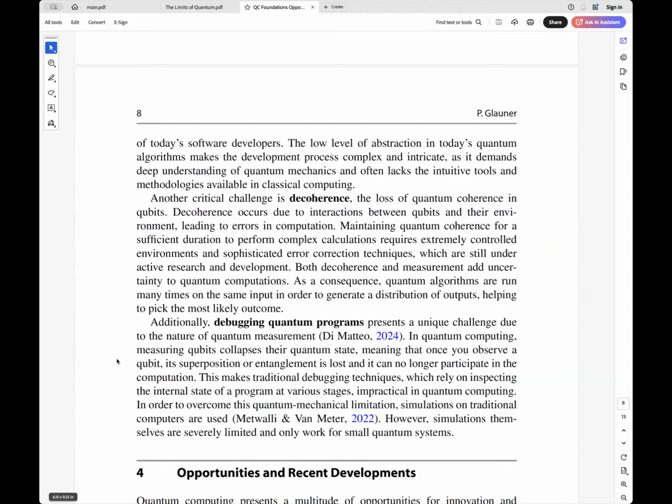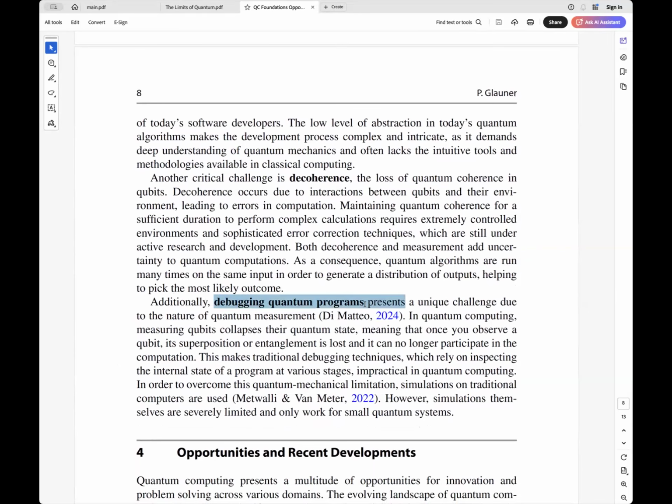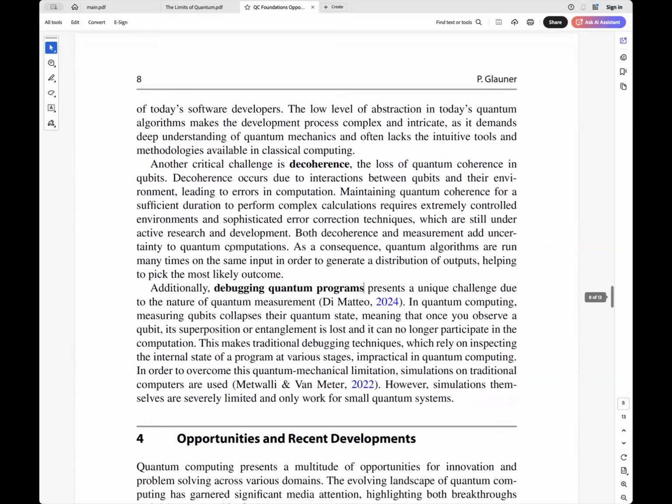Yet debugging a quantum program doesn't really work, because I cannot just look at the quantum state, I need to measure it. And once it's measured, it's gone, it's collapsed. I think this is also a huge limitation in quantum mechanics, for which there's simply no solution because of nature. That's something that a lot of people don't talk about.